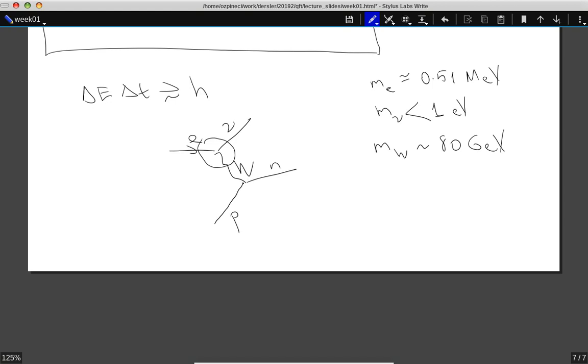Of course, energy is not conserved. But what counts here is that, in the long term, you don't see the W boson. What you see is an electron and a proton that collide, and you end up with a neutrino and a neutron. Overall there is energy conservation, but in the intermediate state you don't.